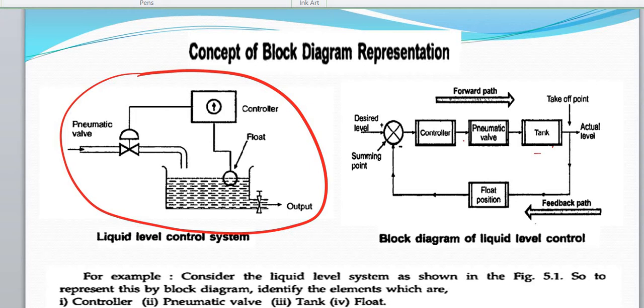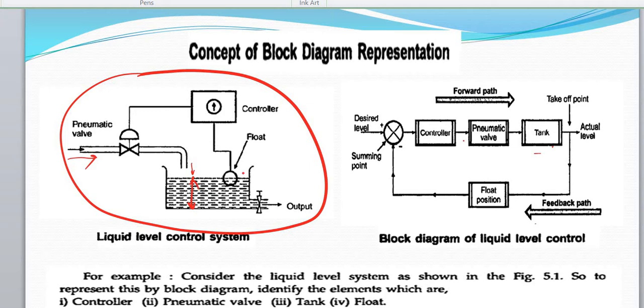Here the control system works like this. There is a pneumatic valve which operates to the flow of the liquid, and the liquid flows from this pipe to the tank. The height of the liquid is maintained.